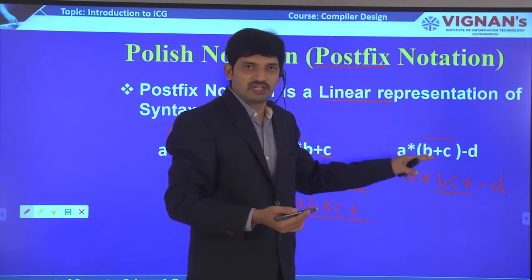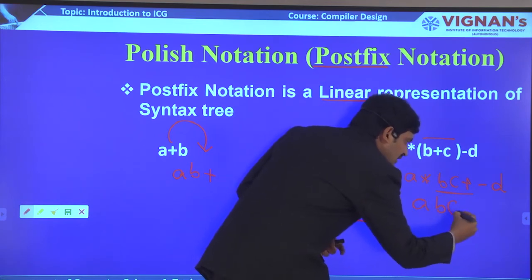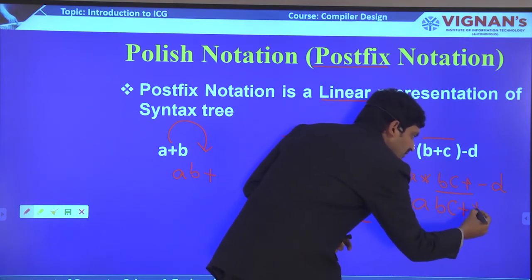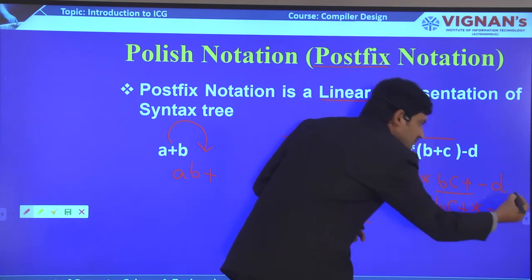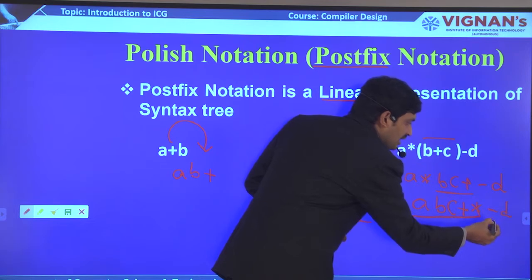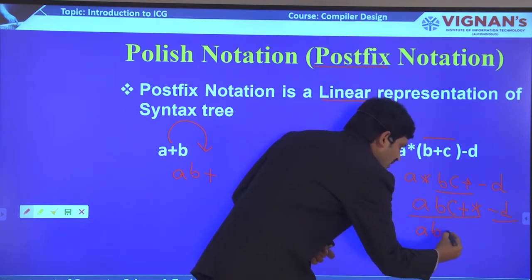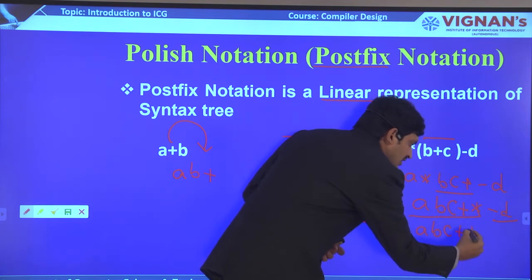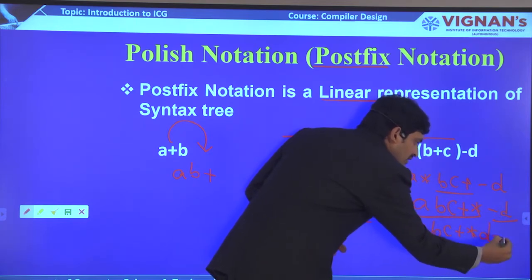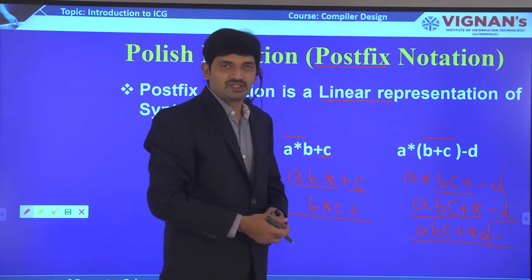Star. That means multiplication. So a b c plus star minus d. So here I solve this entire thing and I have to solve this minus d. So now the notation is a b c plus star d minus. So this is the required postfix notation.